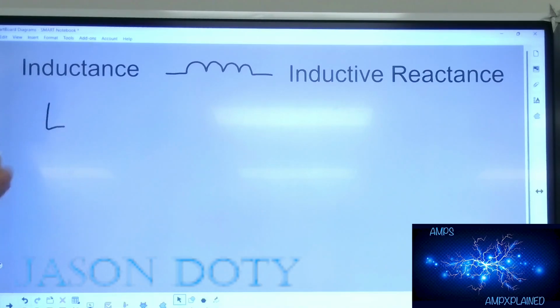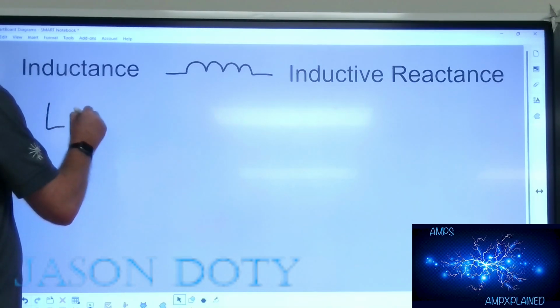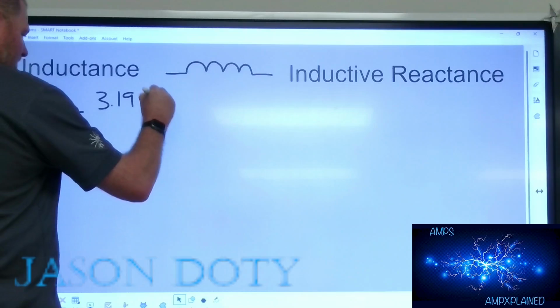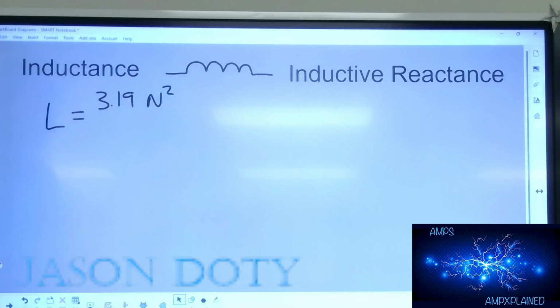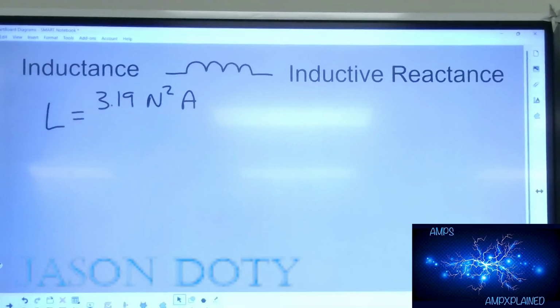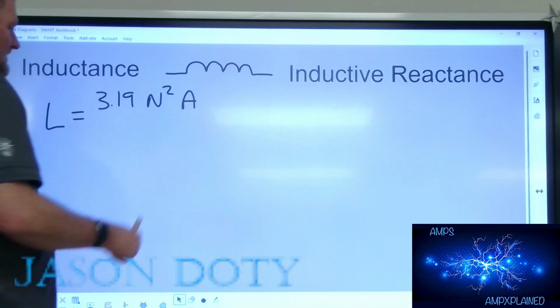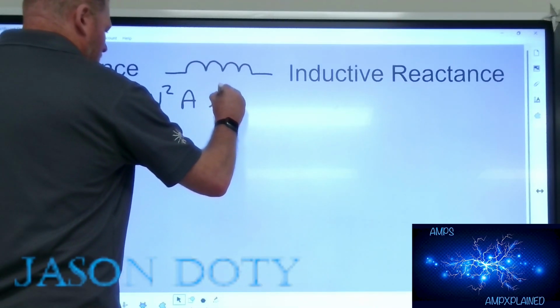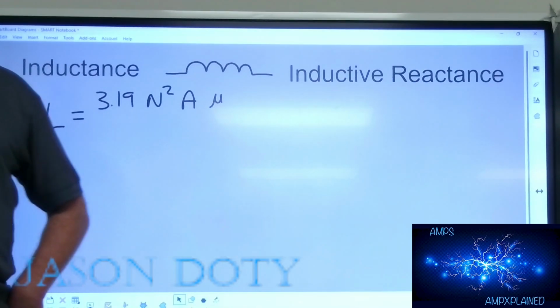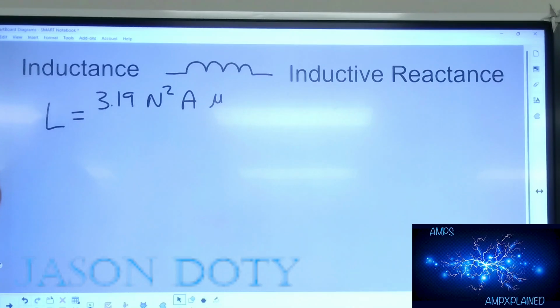L stands for inductance measured in Henry, equal to 3.19 times the number of turns squared times the area of the core material, whether that's an air core, iron core, or other material, and of course mu, which stands for, in this formula, permeability of the core material.